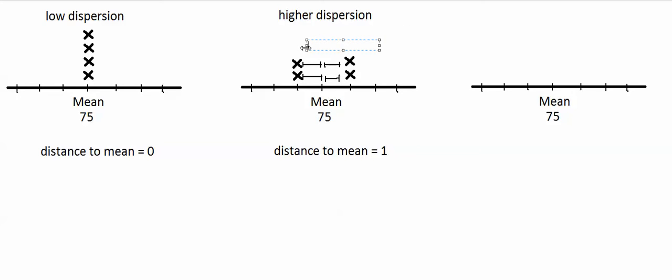And if the value is 1 below the mean, we'll mark the distance as a -1 to show that it's 1 below the mean. So this would be a -1.